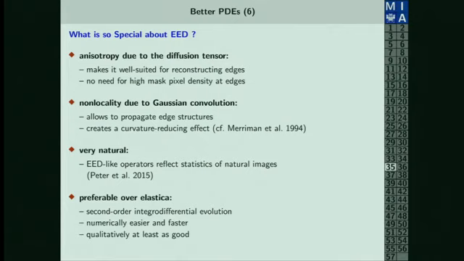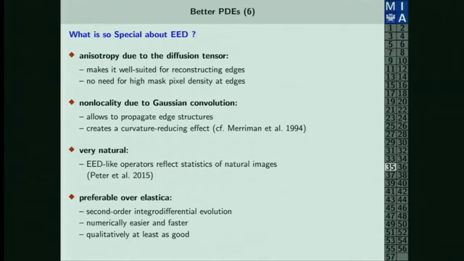Then I have this Gaussian convolution, which is a simple way of introducing some sort of non-locality. So if I measure locally some anisotropy, I can communicate it towards my neighborhood, so I can propagate anisotropy. That's the one benefit of it.